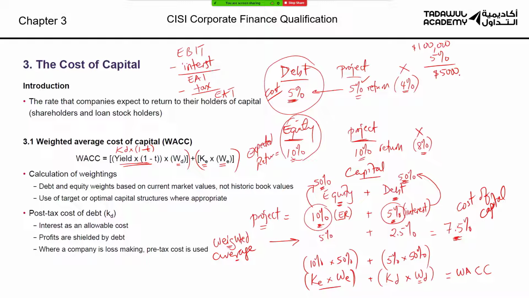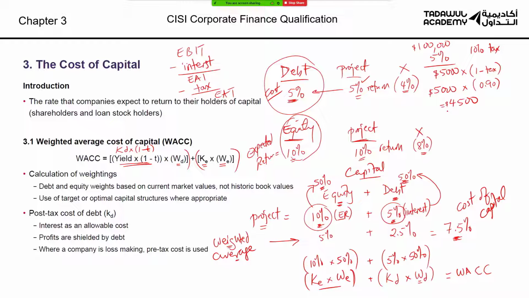Assuming that your tax is 10%, technically, what this loan is costing you is $5,000 times 1 minus tax, which tells you it's $5,000 times 90%, which is $4,500.